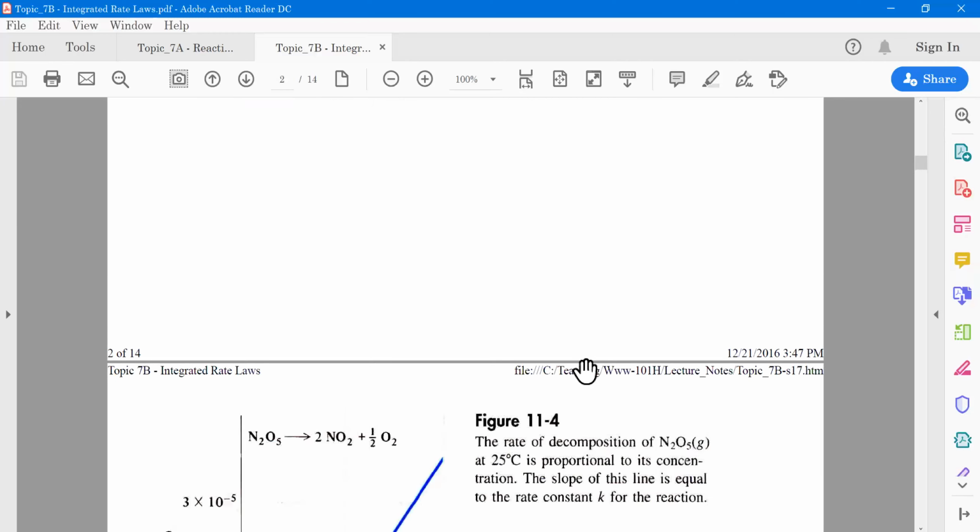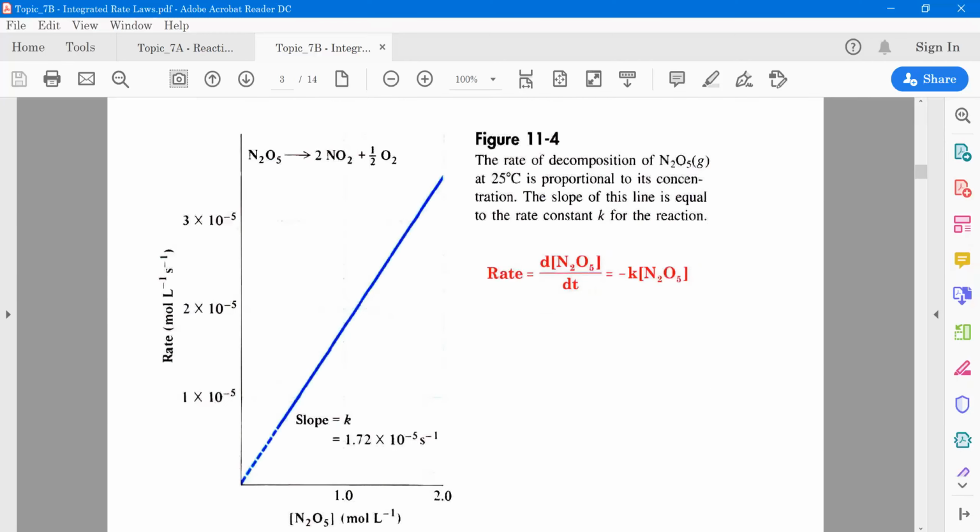This is a plot that shows the dependence of the reaction rate on the initial concentration of N2O5, which, as we would expect, if the initial concentration of the reactant increases, so also should the initial rate. And that's exactly what's shown by this plot.